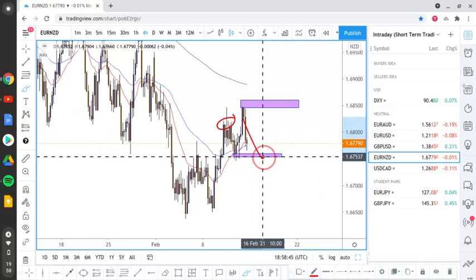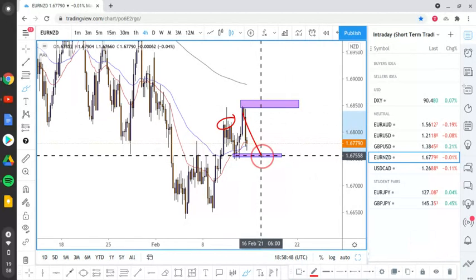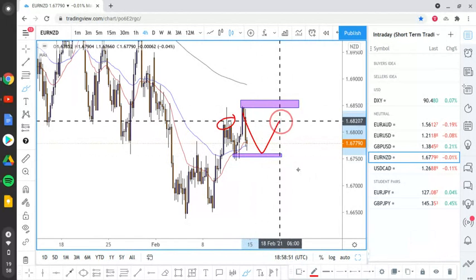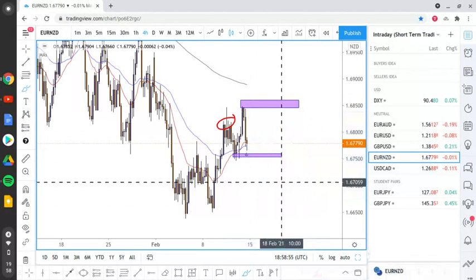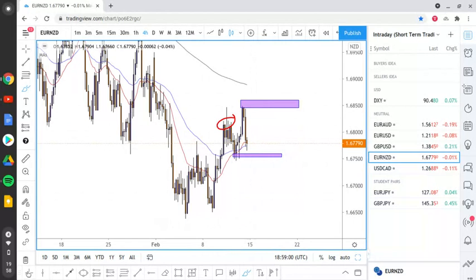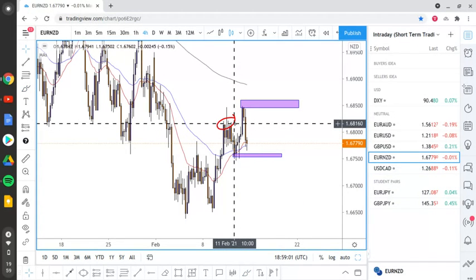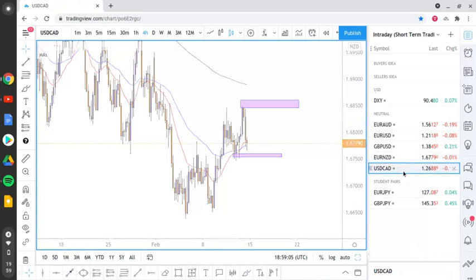It could just do something like this, where it comes into the support and then goes, and then look for that kind of trade rather than actually getting the structure break. It can give that kind of movement. So that's Euro New Zealand.